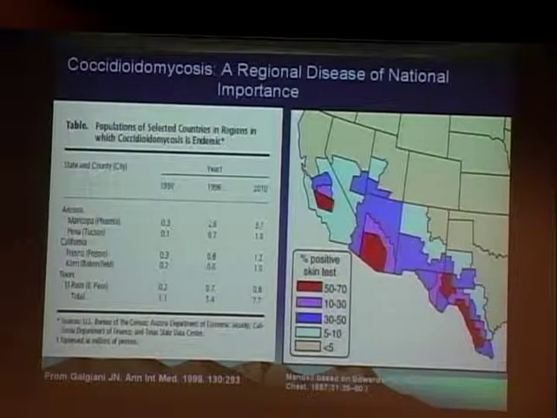You can see the areas where the disease is commonly present by skin test analysis, basically looking for dermal hypersensitivity. It is prevalent in Bakersfield, San Joaquin Valley, and in particular southern Arizona and parts of Texas. We don't do skin testing any longer because it's not commercially available. It's of epidemiological usefulness only. Most of the time we diagnose the disease serologically today.